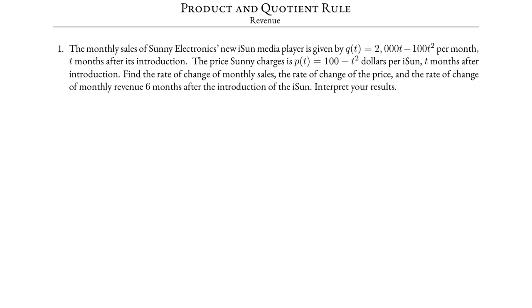The rate of change is the derivative. We are given the monthly sales equation and the price equation. We are not given the revenue, and so we will need to find it. But first, given that the monthly sales is Q of T equals 2000 T minus 100 T squared, the rate of change of the monthly sales is Q prime of T equals, this is the difference, and so the derivative of the difference is the difference of the derivatives.